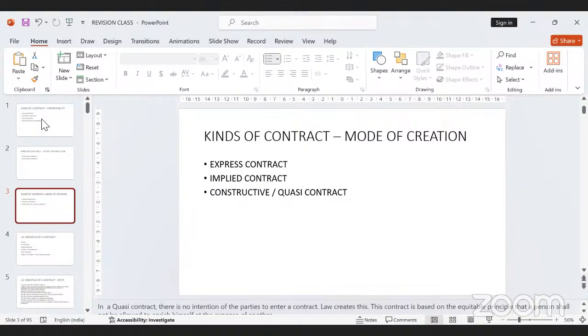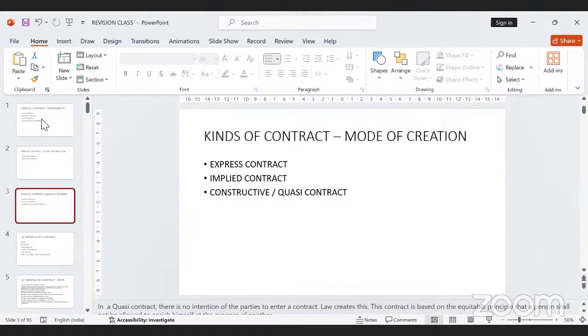So express contract is that contract where both the parties enter into a contract based on clearly expressed terms and conditions, where terms and conditions are expressed through words verbally. Implied contract is where the terms and conditions are implied or understood based on actions, right? And quasi contract is where no party has the intention to enter into a contract, but law creates this contract, right?